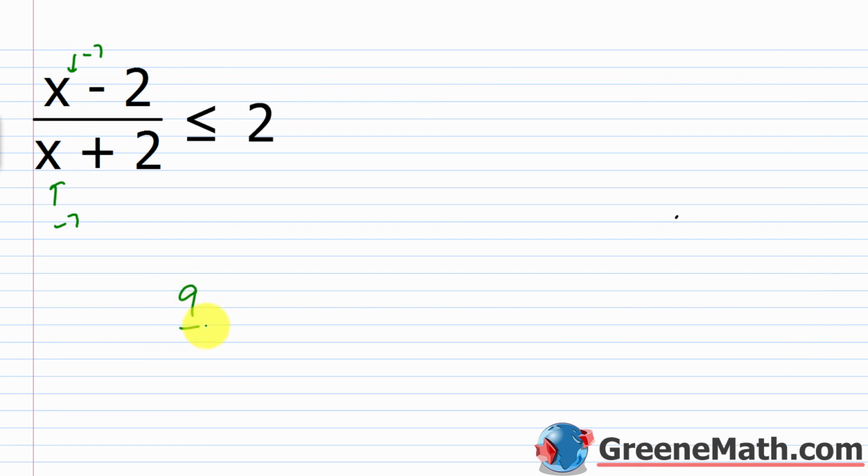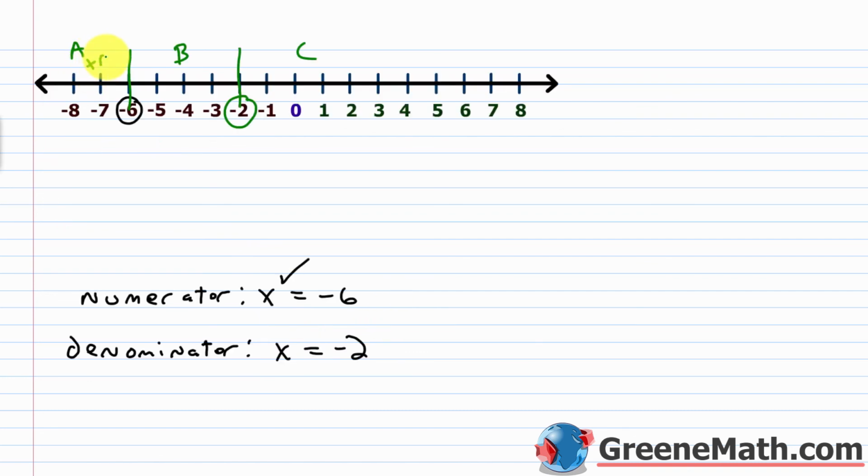So 9/5. Is this less than or equal to 2? Well, yes, it is. I would need a numerator of 10 to produce a result of 2, right? 9 divided by 5 is going to be less than 2. So this satisfies the inequality. We could say this is true. So anything in region A is true.